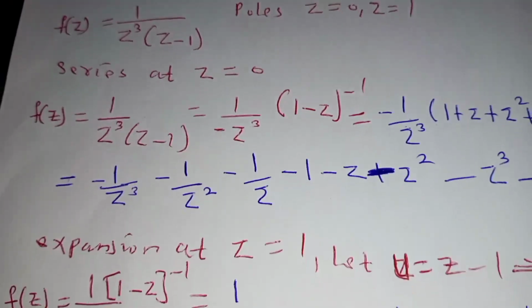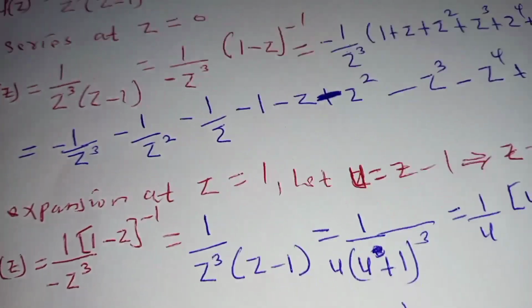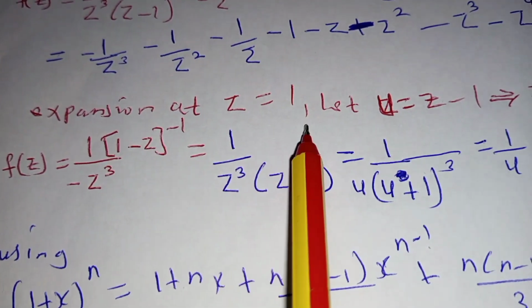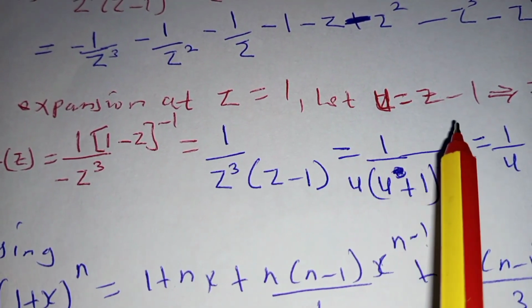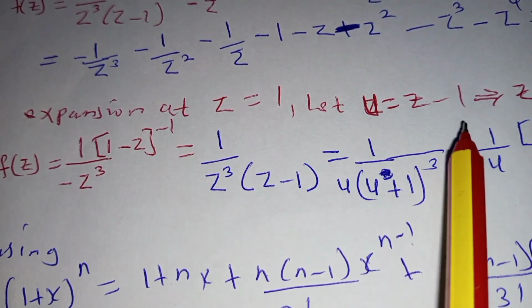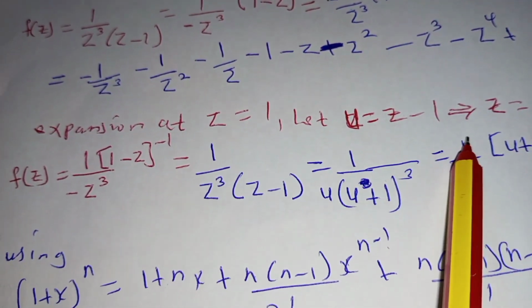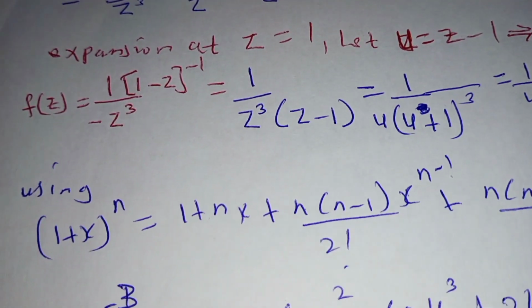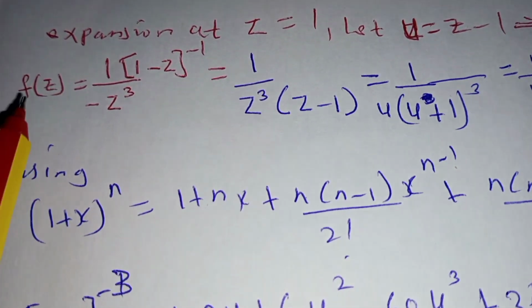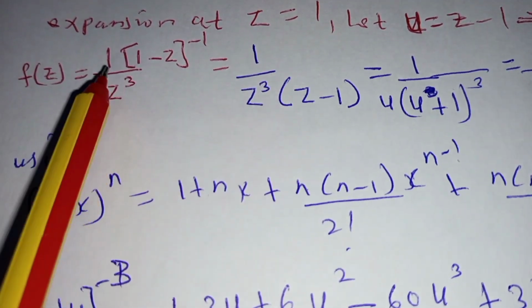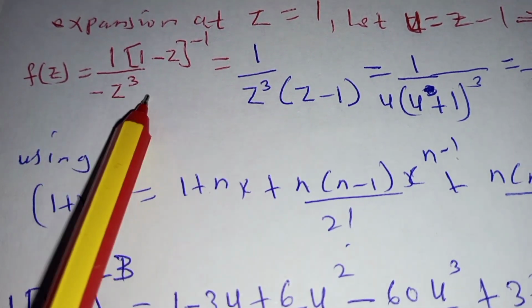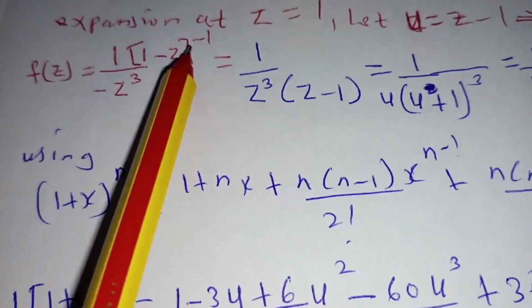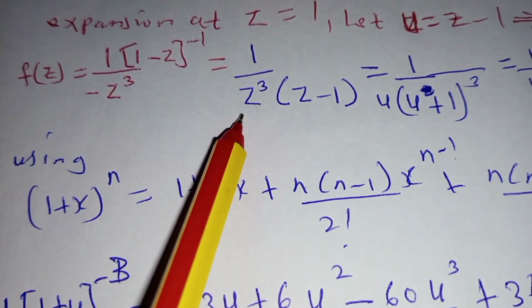Then we want to see the expansion at z is equal to 1, and we are going to let our u be z minus 1, whereby z is equal to u plus 1. Then the function f of z is 1 over negative z cubed into bracket 1 minus z to the power negative.